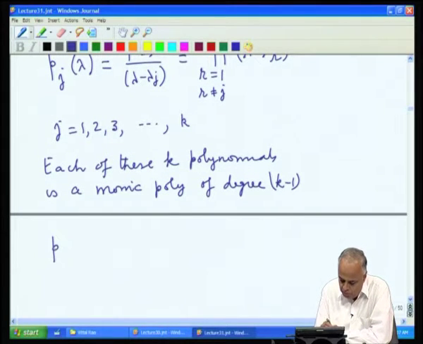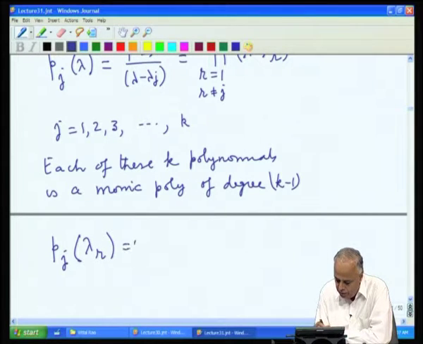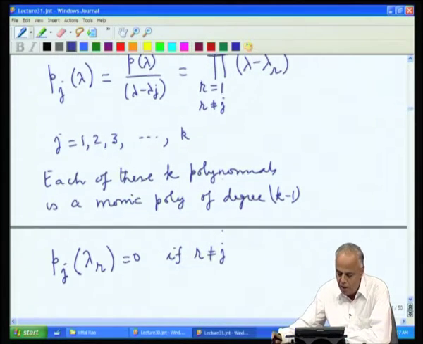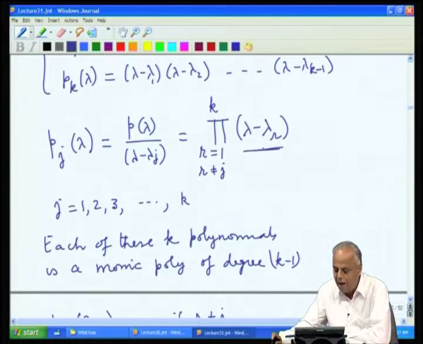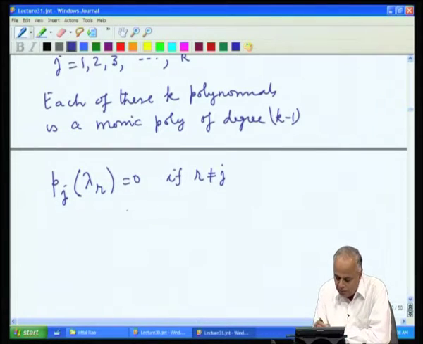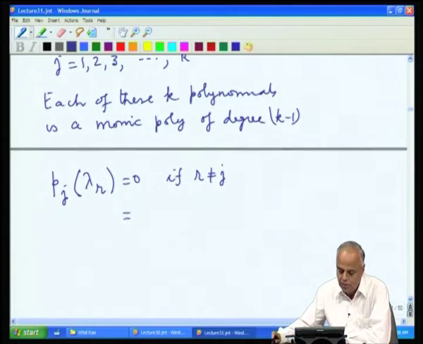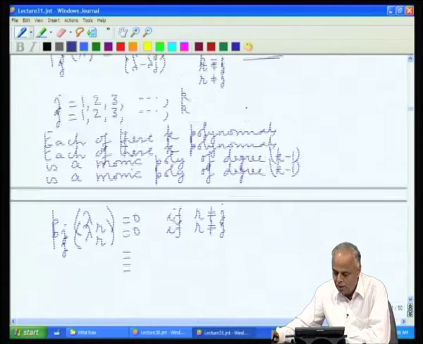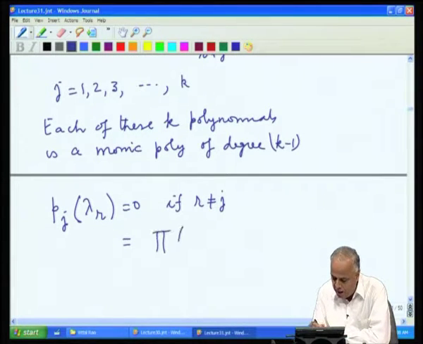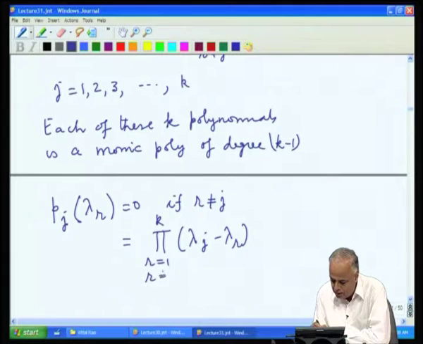So, we have p j lambda r is equal to 0 if r is not equal to j. If r is not equal to j, that factor will appear here and therefore, p j lambda r will become 0. But if r is equal to j, what will happen here? We will have lambda j minus lambda r, none of these factors vanish, for r equal to 1 to k, r not equal to j.